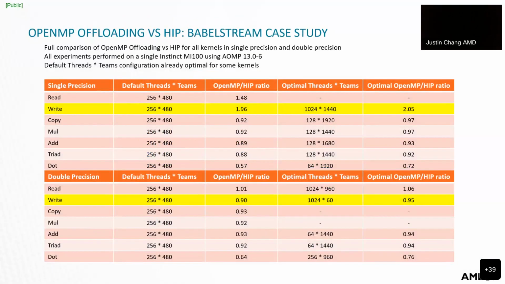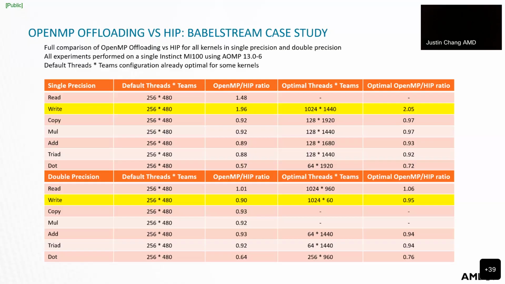So this was a study that I had done a couple years ago with BabelStream. This is on an MI100. What I did here was a full comparison of our AOMP OpenMP offloading versus HIP for all kernels in both single and double precision.